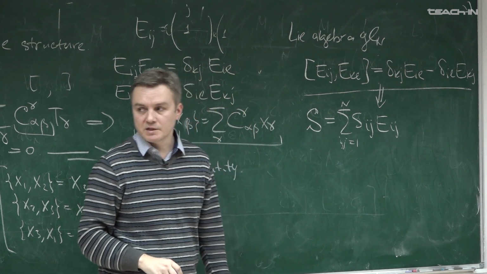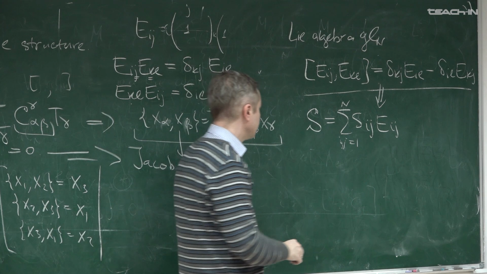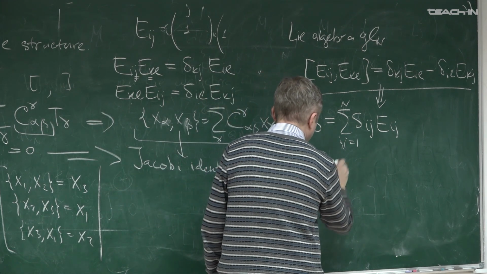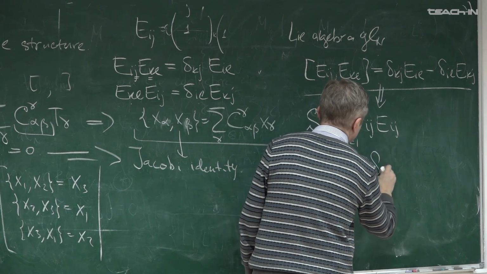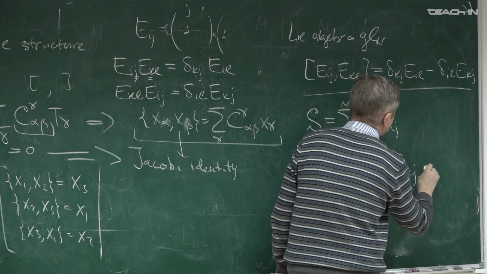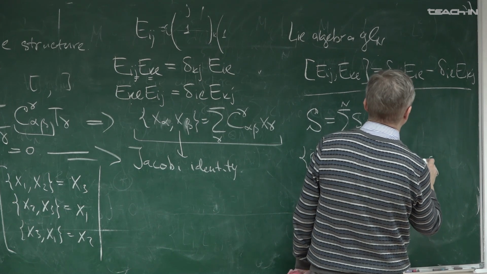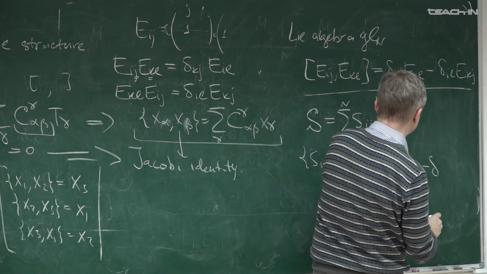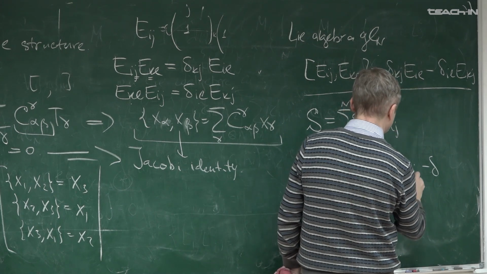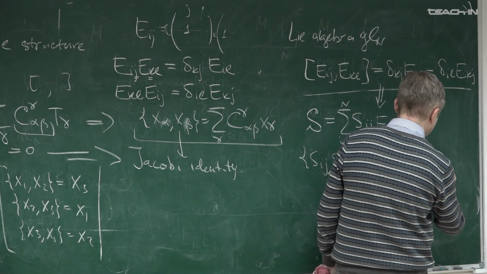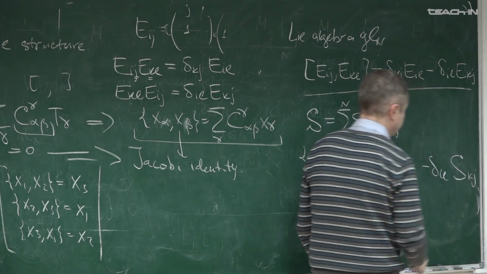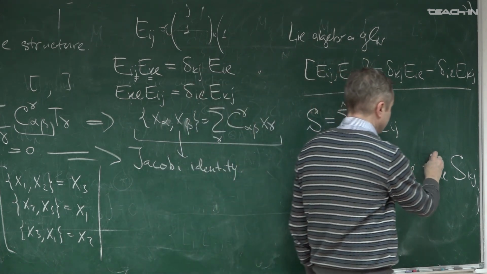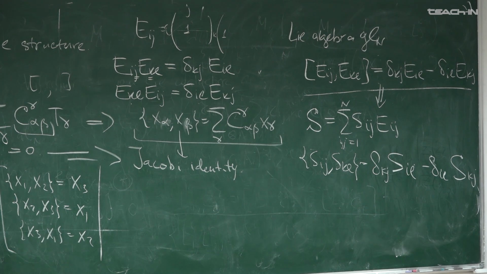And on this space, we may define the Poisson structure in the following way: {S_ij, S_kl} = delta_kj S_il minus delta_il S_kj.